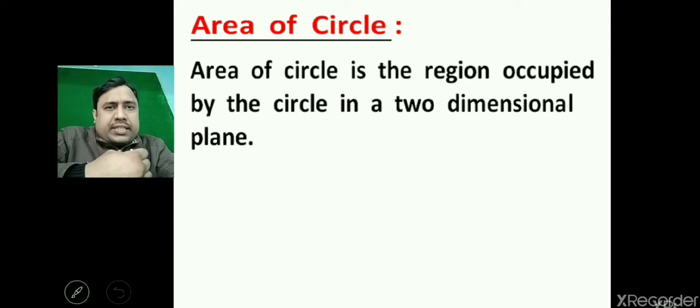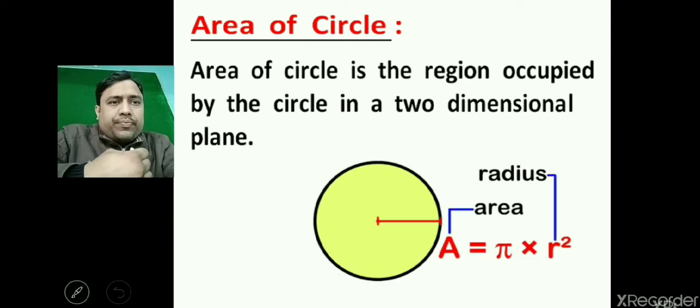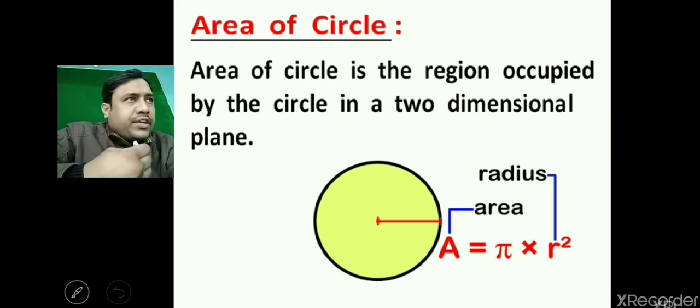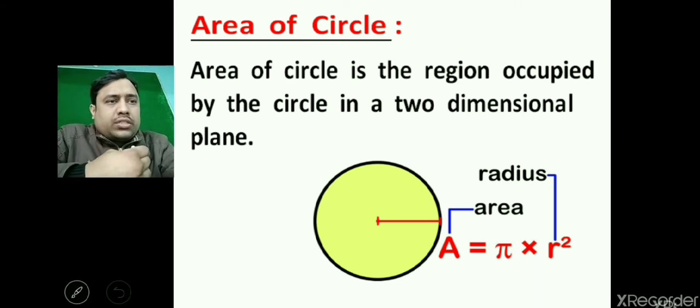You can measure the area of the circle by this formula. Here r is the radius, A is the area, and pi is the constant, the ratio of circumference and diameter, as I told you in the previous topic. So area is pi r square.